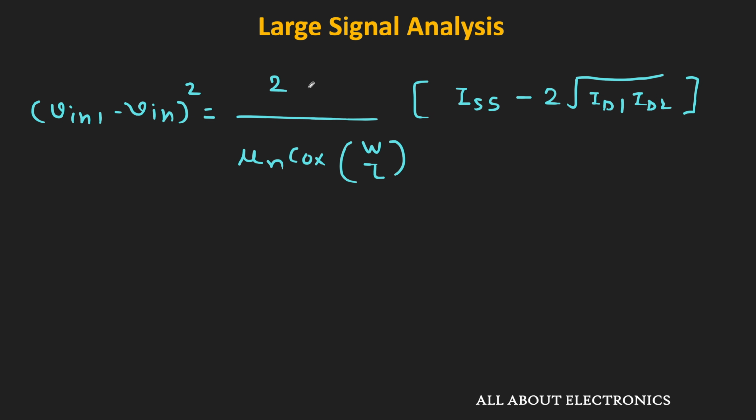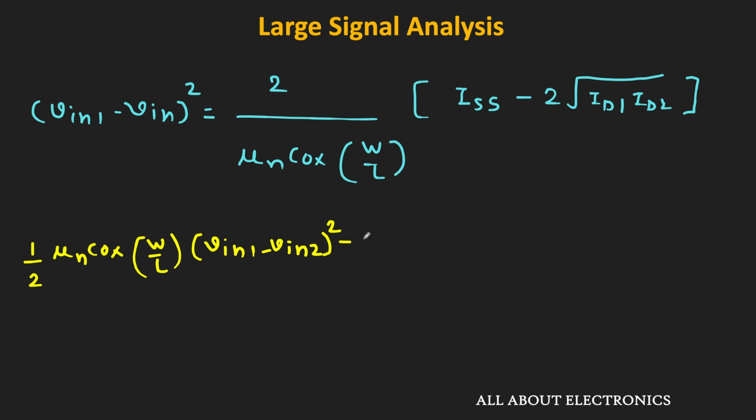So now if we take this term on the left hand side, then we can write this expression as 1 divided by 2 times mu n times Cox times W divided by L times this (Vin1 minus Vin2) whole square minus ISS, that is equal to minus 2 times square root of ID1 times ID2. And if you multiply all the terms by minus 1, then these two terms will become positive and this term will become negative.